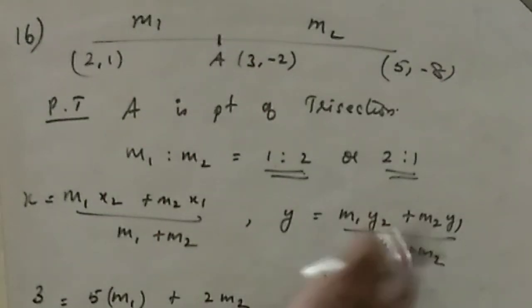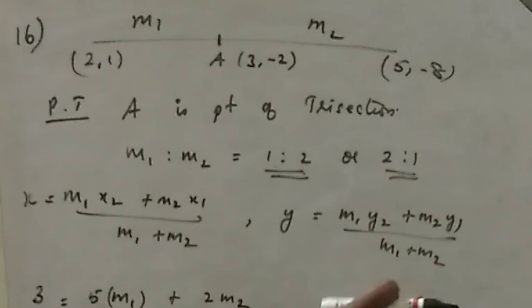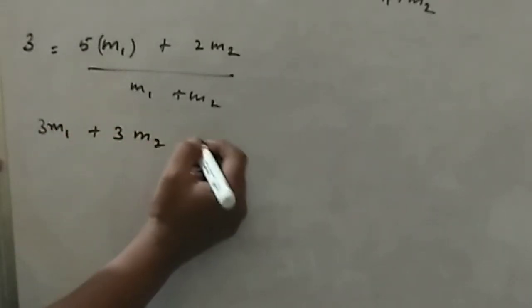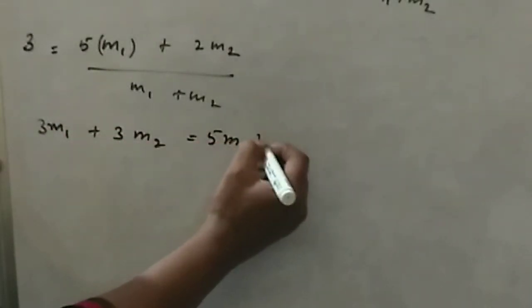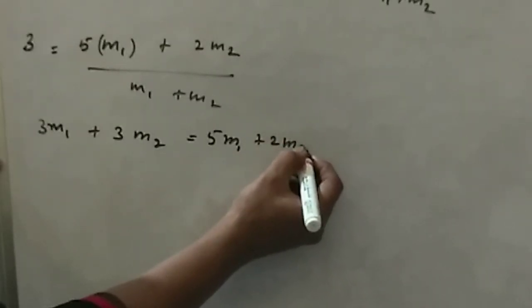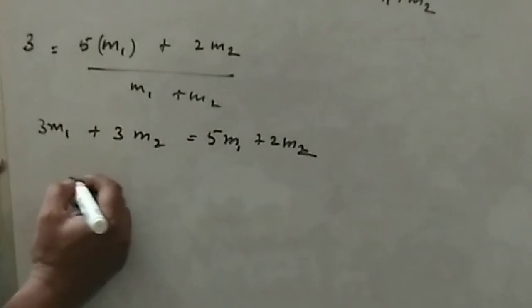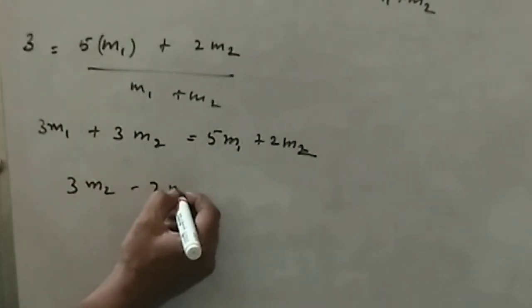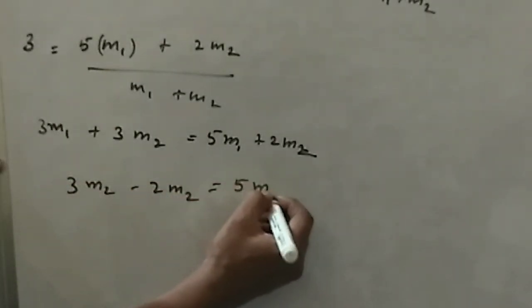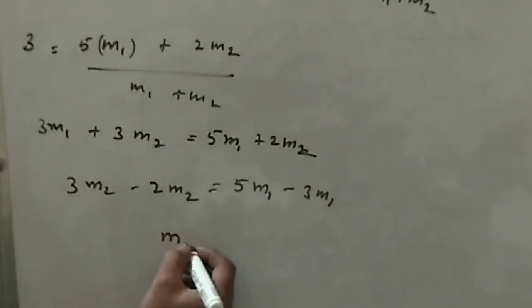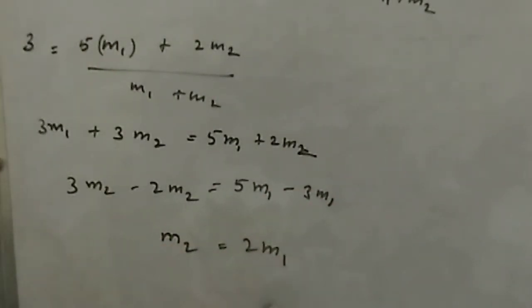If you take the second one and leave the first one, that is also correct. Now 3m1 plus 3m2 is equal to 5m1 plus 2m2. Now bring it. 3m2 minus 2m2 is equal to 5m1 minus 3m1.